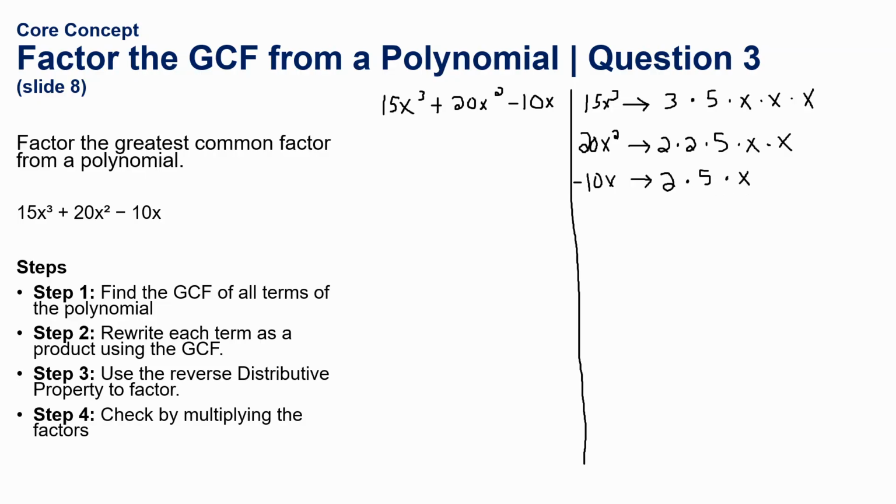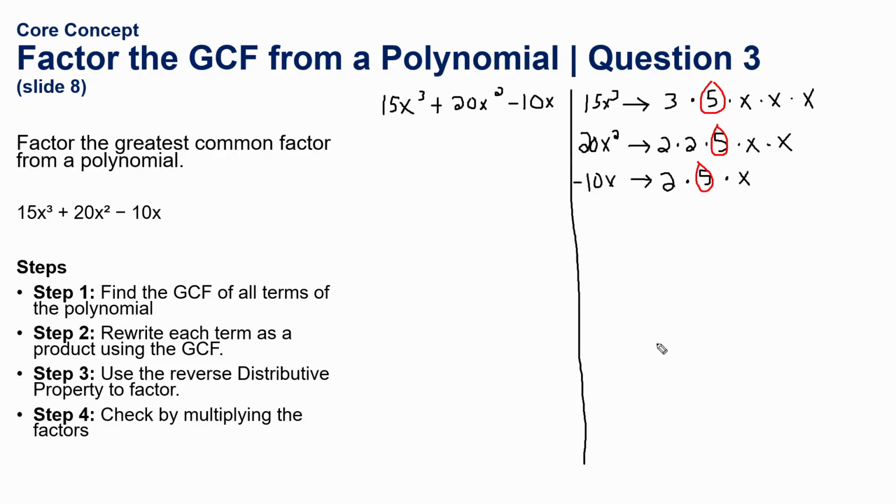Now, when we find the greatest common factor, we have to find a number or a variable that appears in all 3 numbers. So, for example, the number 3 does not appear in the other number lists. The number 2 appears in 10 and 20, but not in 15. The only number that appears in all 3 then is the number 5. So 5 is one of the terms. And then I go to the smallest variable part.